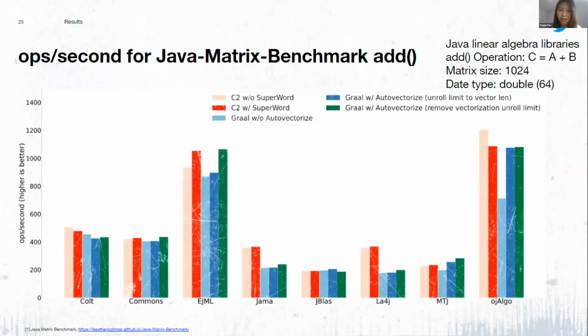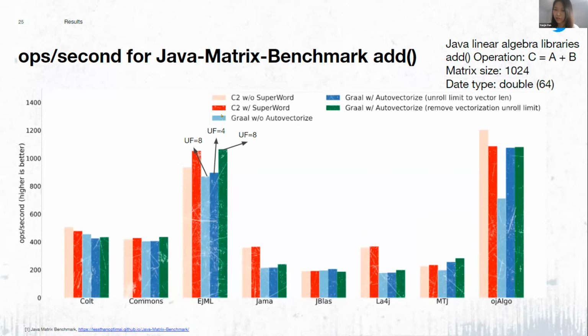Surprisingly, for C2 or Graal, the superword or auto-vectorize does not give a lot of speedup compared with the scalar version. If we look at EJML, comparing the third bar and the fourth bar, auto-vectorize does not have much benefit over the scalar version, because the unroll factor is 4, which is limited by the vector register lanes.